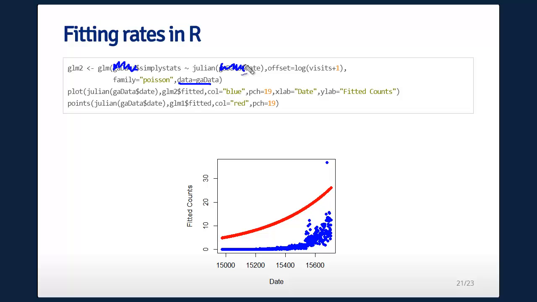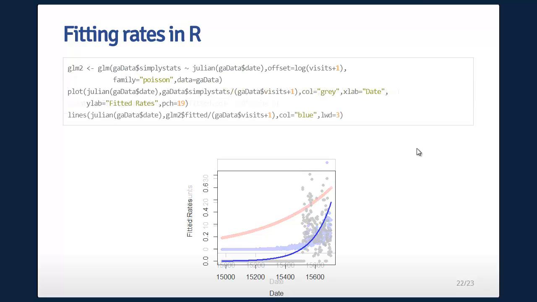And here he's plotting the fitted means in blue, which are the fitted means originating from Simply Statistics, and here in red is the overall count. If you didn't notice, that was GLM1 for the red one.